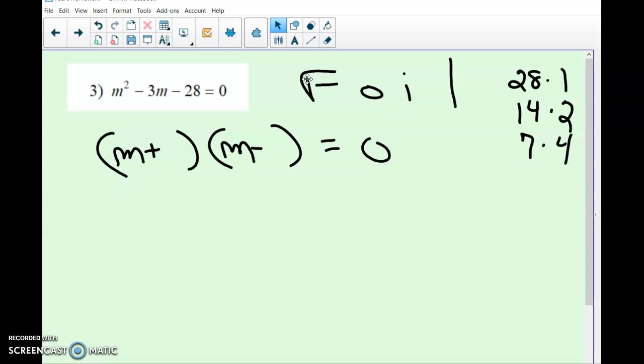But is 3 positive or negative? Negative, you're right. So I want to make sure that the factor with the largest absolute value is my negative factor. So I'm going to place it in here, and I'm going to place 4 right here.